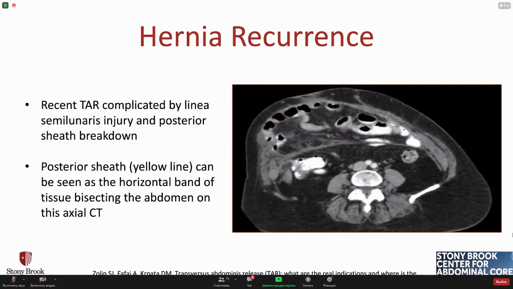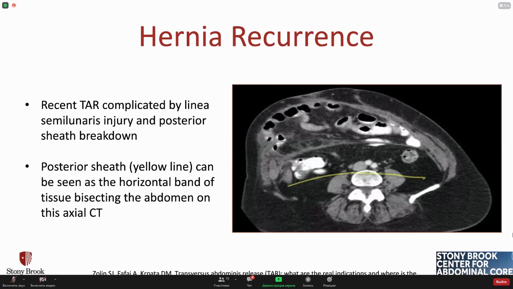So this here is another patient who had another TAR. Again, it was complicated by the linea semilunaris, and also you can see that the posterior sheath is actually starting to break down too. But what's interesting to see is that the hernia contents is herniating above a still mostly intact posterior rectus sheath.